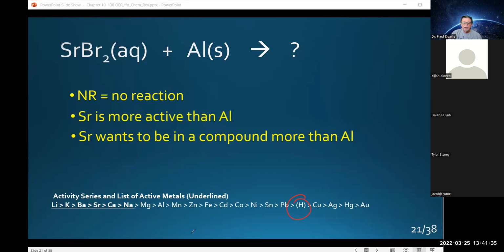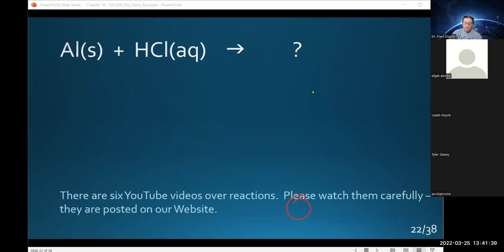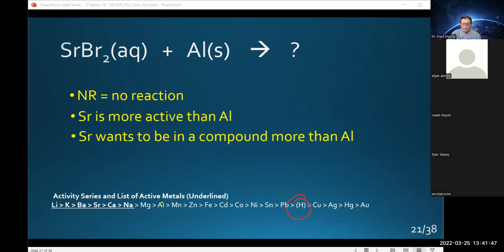Taking a look at aluminum and hydrogen, we go to the activity series, there is aluminum and there's hydrogen. So aluminum is more reactive than hydrogen, okay?